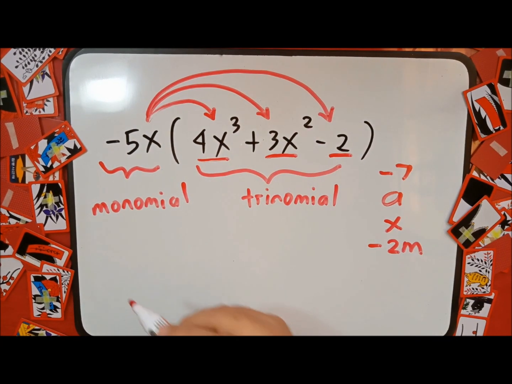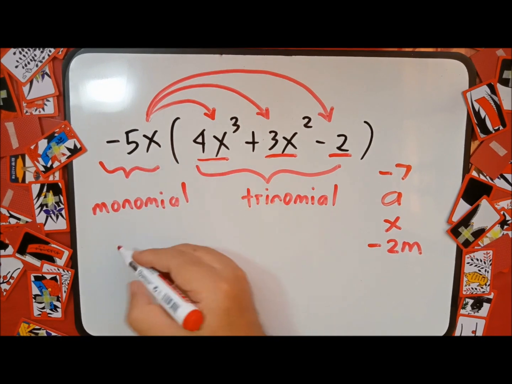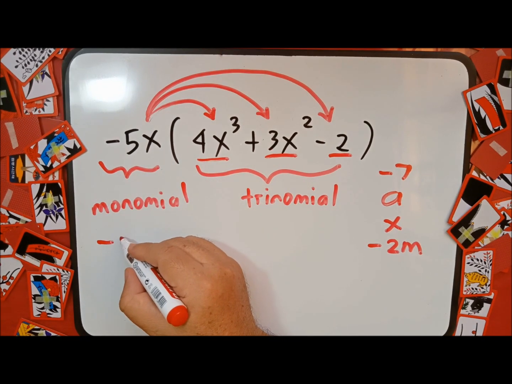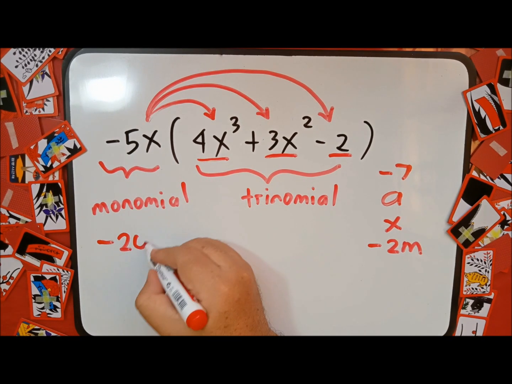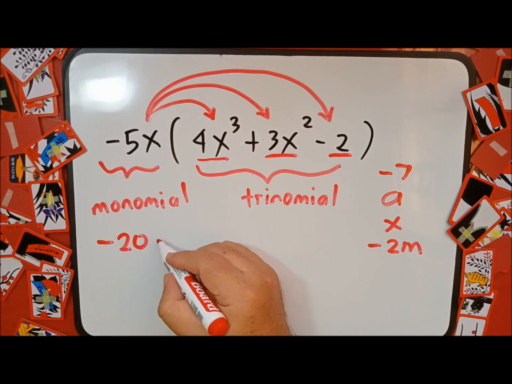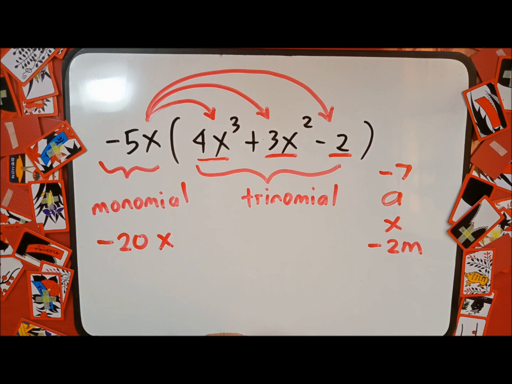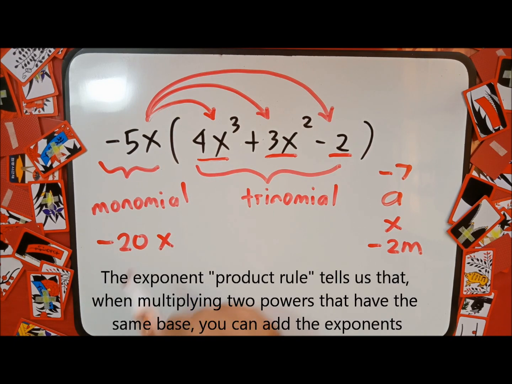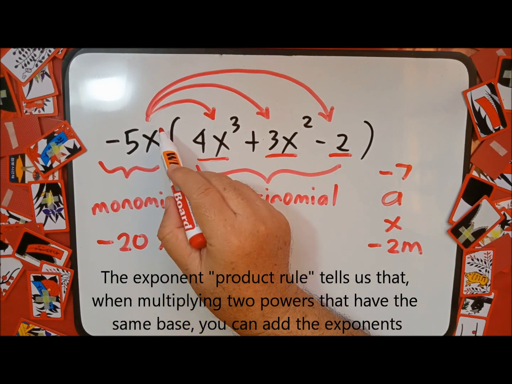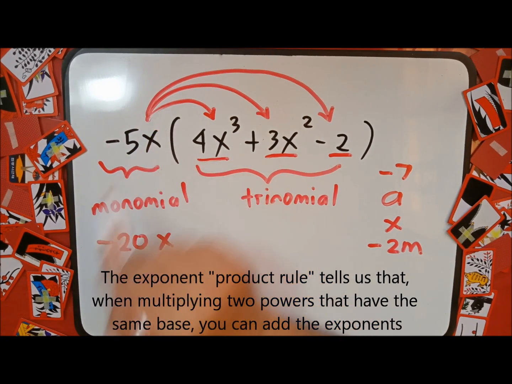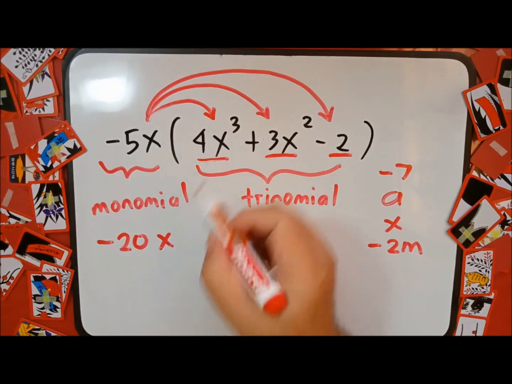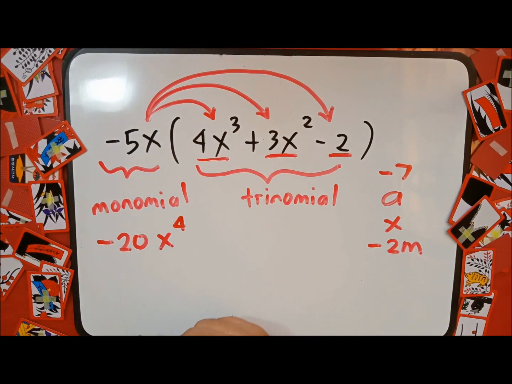So what will happen? Negative 5 times 4 is equal to negative 20x. Okay. How will you multiply exponential notations? Same base, copy, then add the exponents. What is the exponent of this x? 1. 1 plus 3, 4.